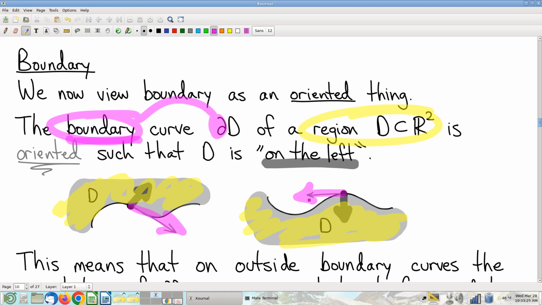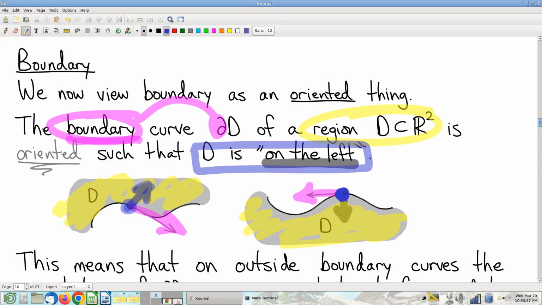The following feature is that as you go in the correct direction, as you go along the boundary, the domain is on your left. That's the deal. Now notice, imagine that I'm standing here and I'm moving in the purple direction. If I'm moving in the purple direction, the region is on my left.